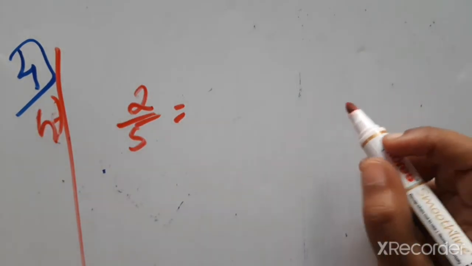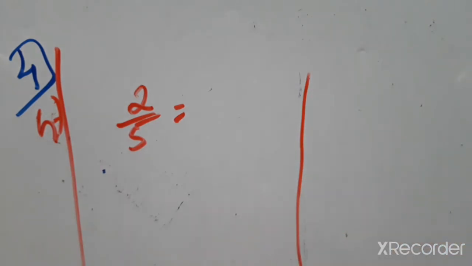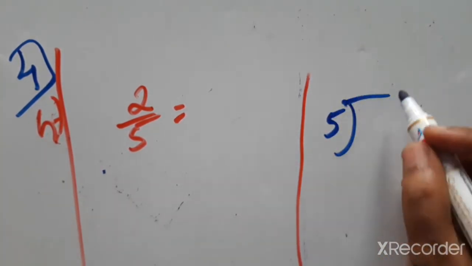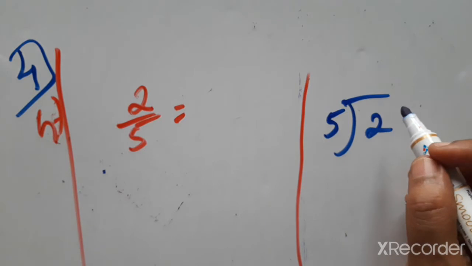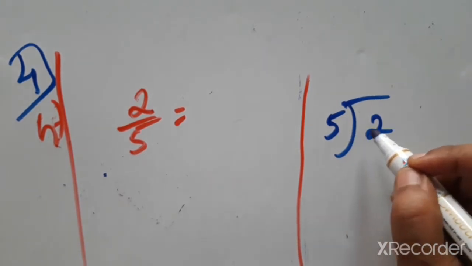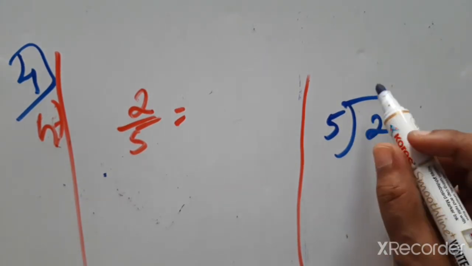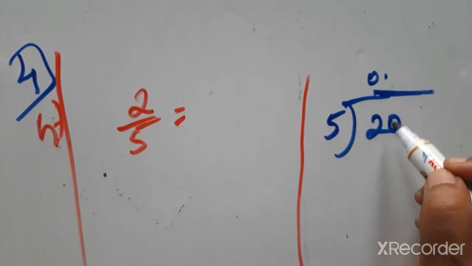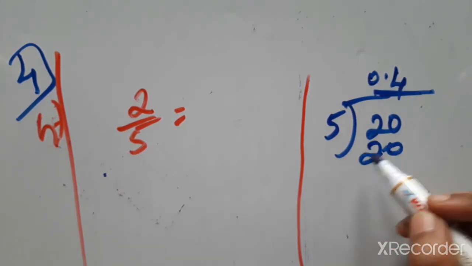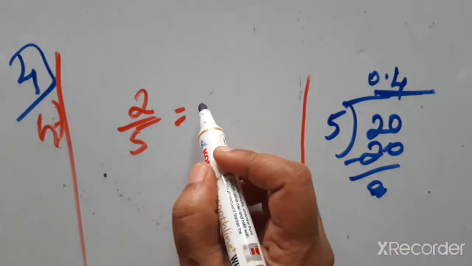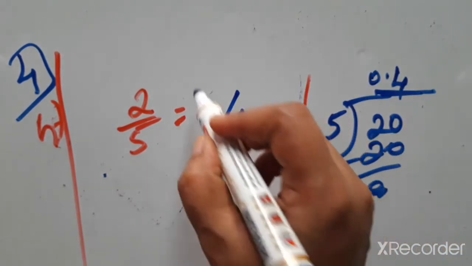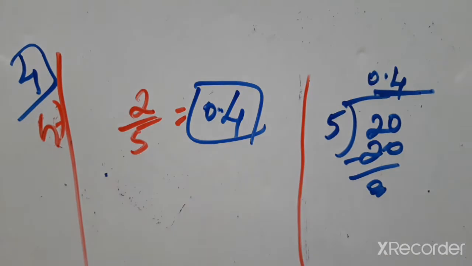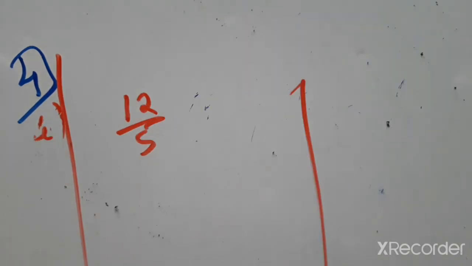Next is H1, 2 by 5. Now we have to divide it. 5 here, 2. 5 ones are 5, 0 point means we get 0. 5 how much are 20? 5 4s are 20. Answer is 0 point quotient, 0.4. Next, I1, 12 by 5.